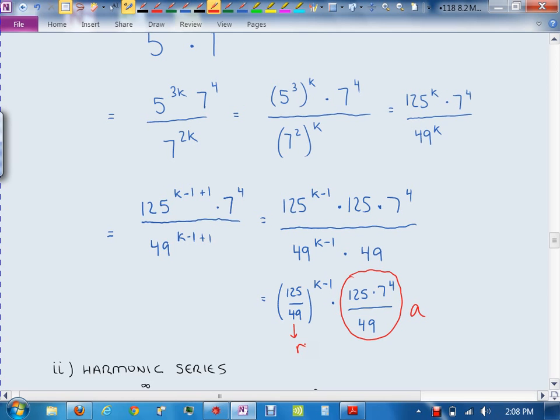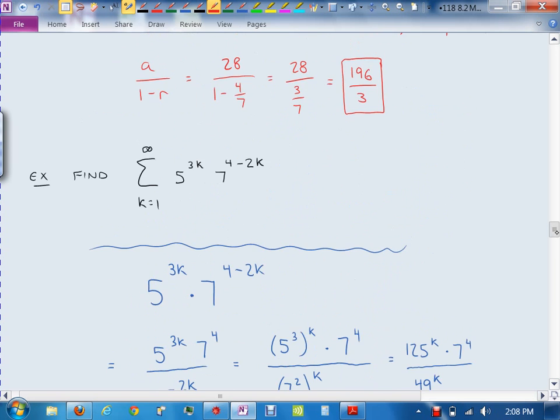So I'm going to get that 125 and that 49 in a fraction, and that's bigger than 1. So the absolute value of r is bigger than 1. This series diverges. It is geometric, but it diverges.